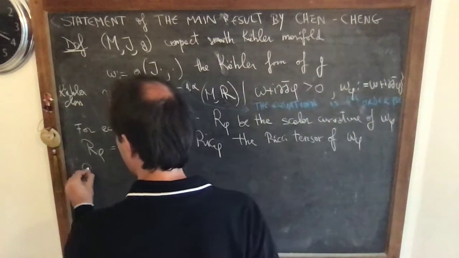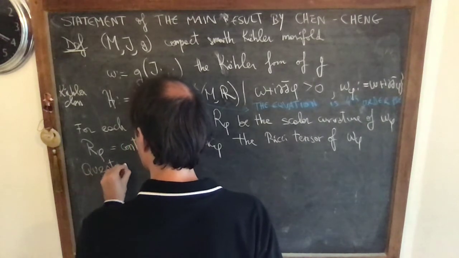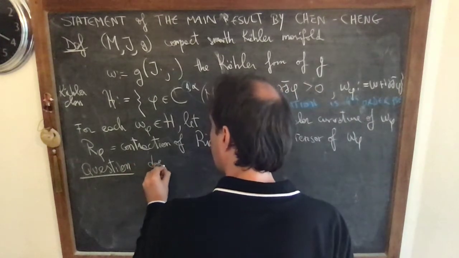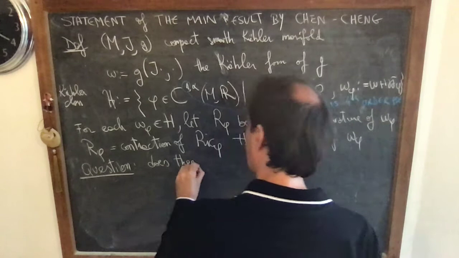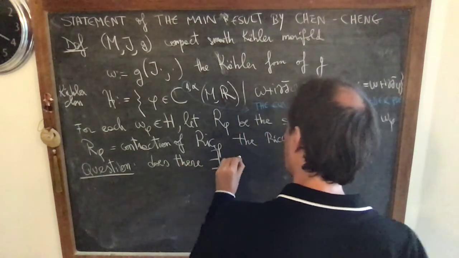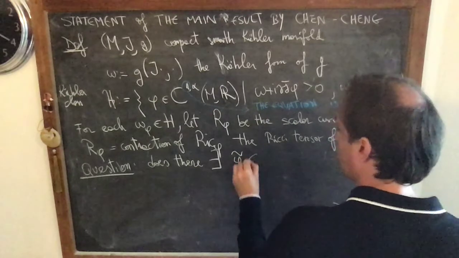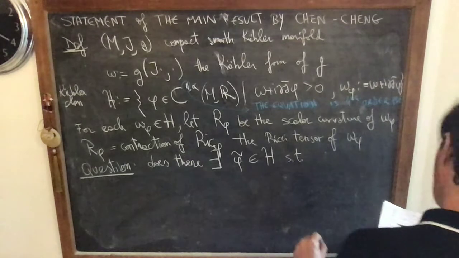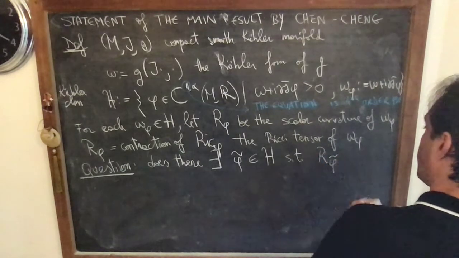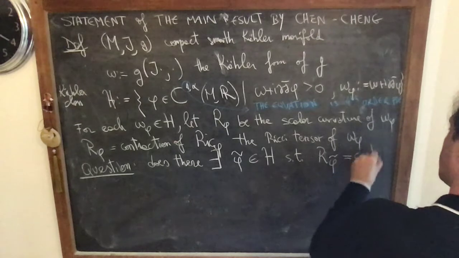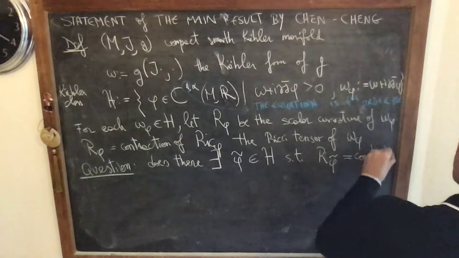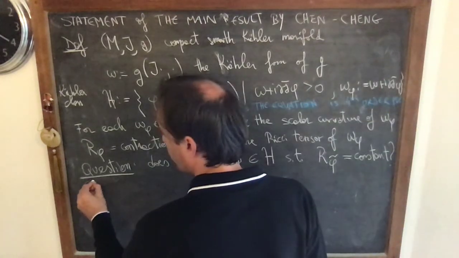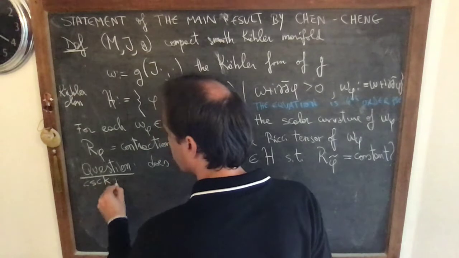So the question is, does there exist phi tilde in H such that R of phi tilde is constant? The cscK problem.